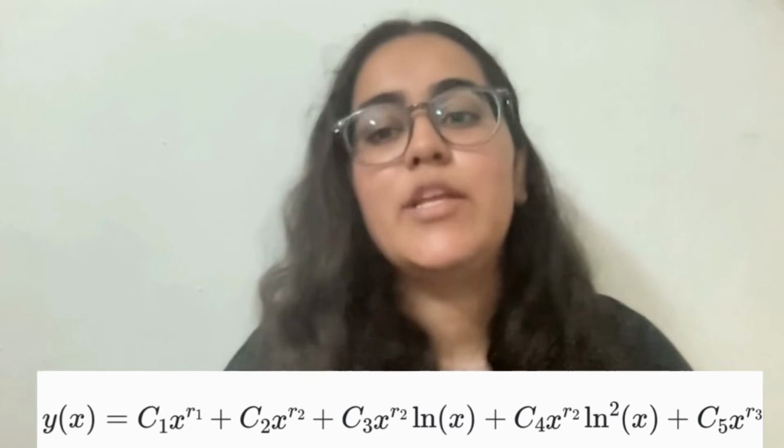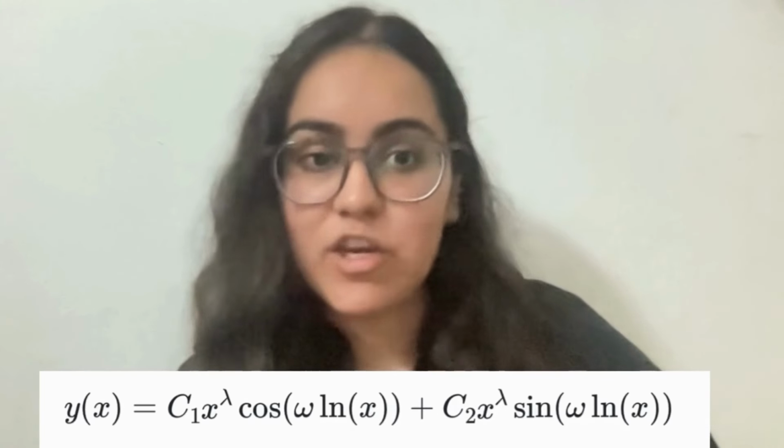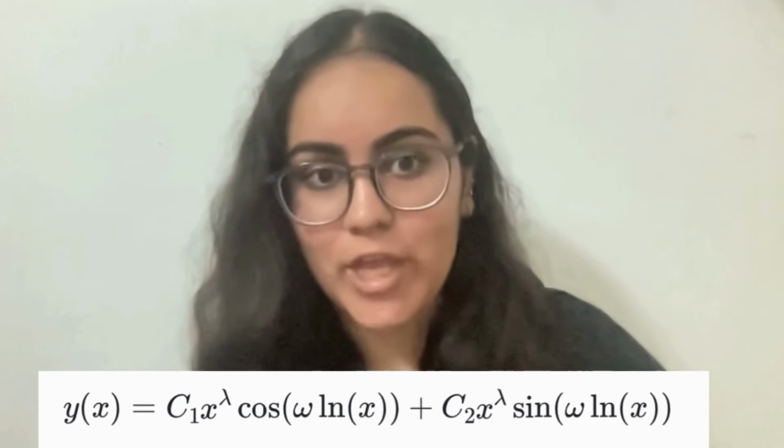And if the roots are complex, the solution takes the form of oscillations involving sine and cosine, but with log x inside. So even though the equation starts with a variable coefficient equation, the beauty of the Cauchy-Euler equation is that its solution can be written down very neatly depending upon these three cases.